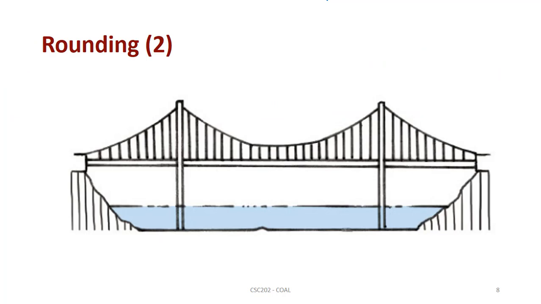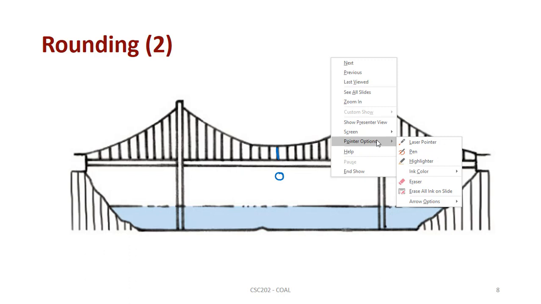In order to study round to even, let's consider this diagram, right? And I think this position, I got it over here, this is the center. I can say that it is 0. Let me change the ink color.